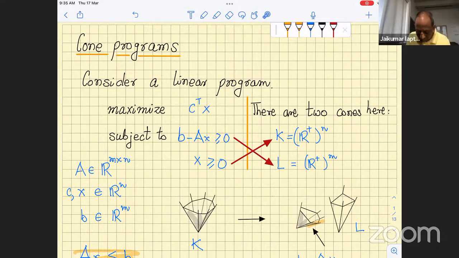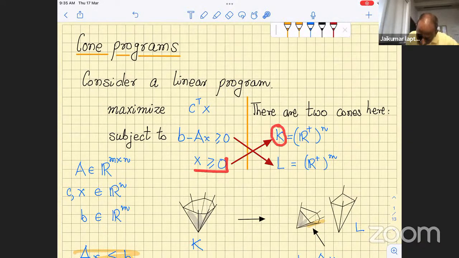What does it mean? We are actually in n dimensions, and to say that X is greater than or equal to 0 is to say that X is in the positive orthant. And the positive orthant is a cone, and let me call it K.